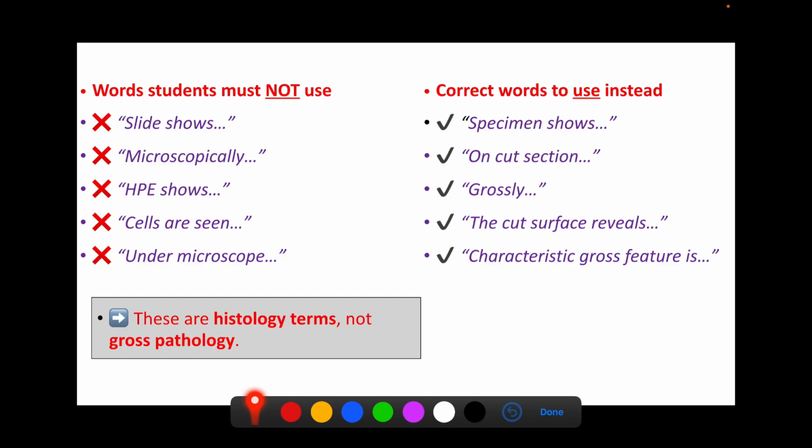Here you cannot identify any cell because this is a gross specimen and cells can only be identified under the microscope. Or do not use the words under microscope, because all these terminologies are histology terms and they are not used for gross pathology. So the correct words to use instead are specimen shows, on cut section, or grossly, the cut surface reveals, and characteristic gross feature is.